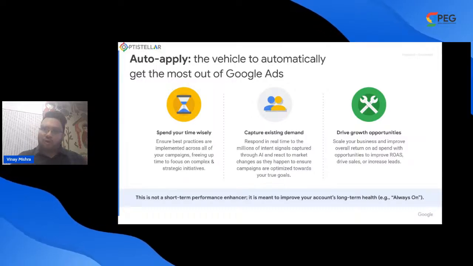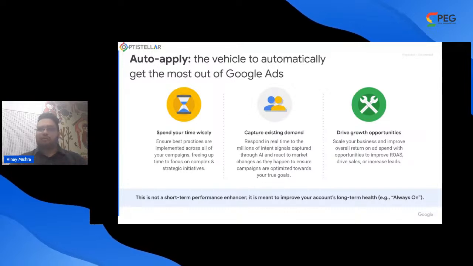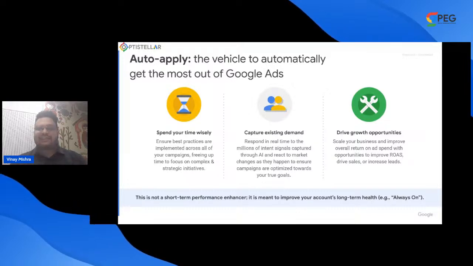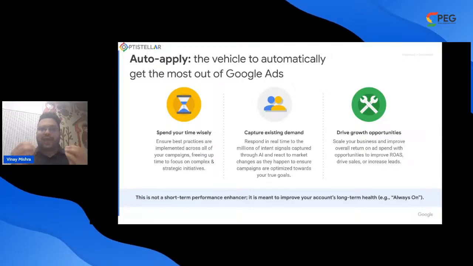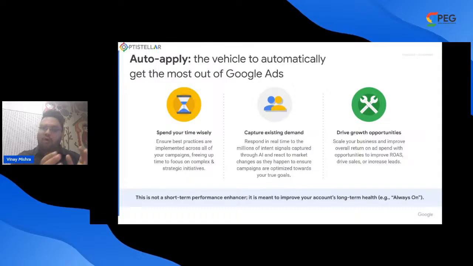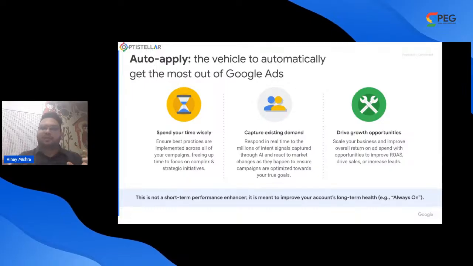And why exactly is auto apply recommendations important? Let's also talk about capturing the existing demand. We all know that audiences, the users, how they are searching and how they are behaving is changing from time to time. In real time, it is very hard for us to capture that kind of audience who are already changing, and this demand is hard to capture.